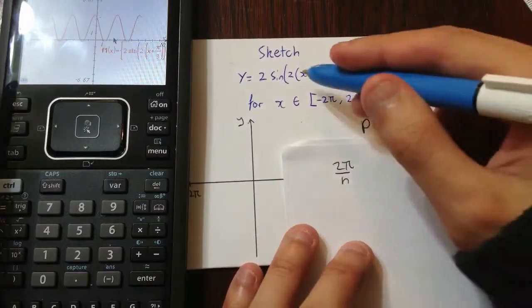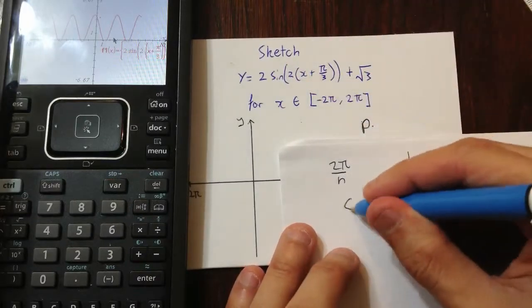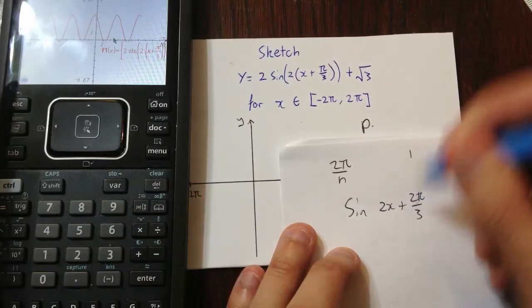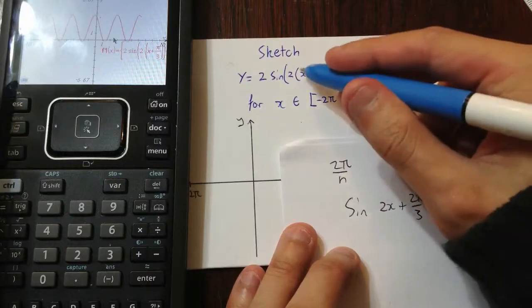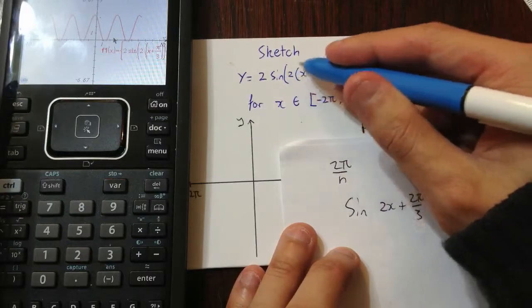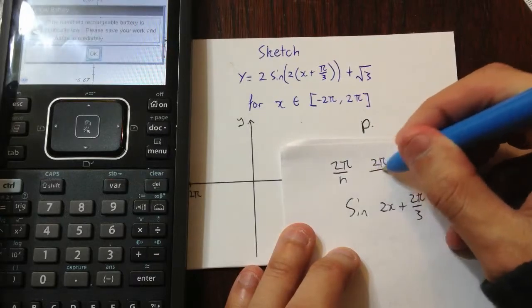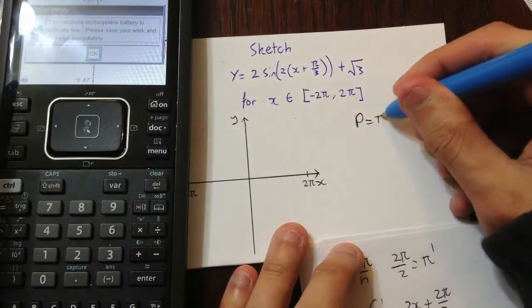But note here, the number in front of x is 1, but if you actually expanded it, it would become sine 2x plus 2 pi on 3. So that 2 is actually affecting the x. So this n is not 1, it's anything that's in front of the x, which is the 2. So our period would be 2 pi on 2, which equals pi. Period equals pi.